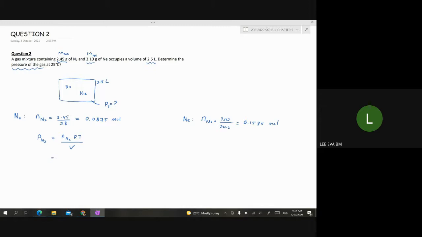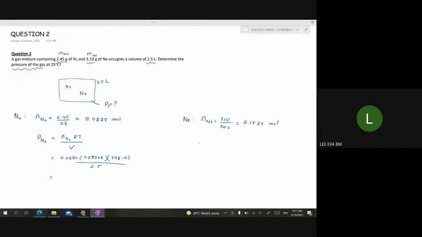So insert, substitute your value 0.0875, 0.08206. Temperature, don't forget to change it into Kelvin. And then the last one is your volume, 2.5.